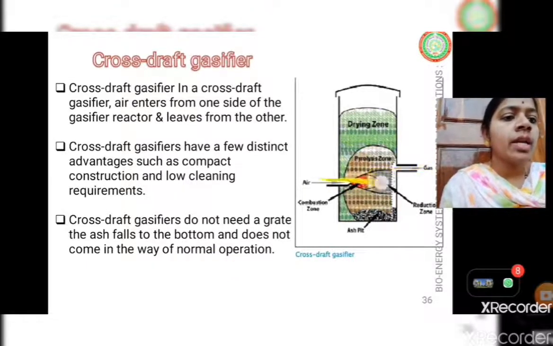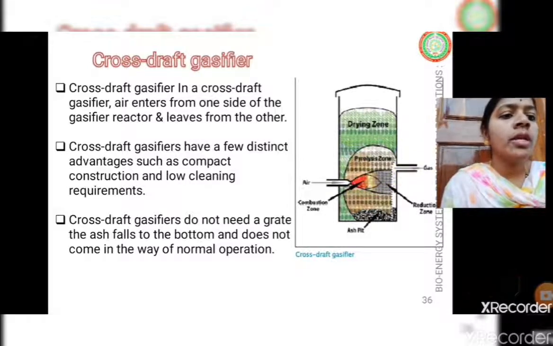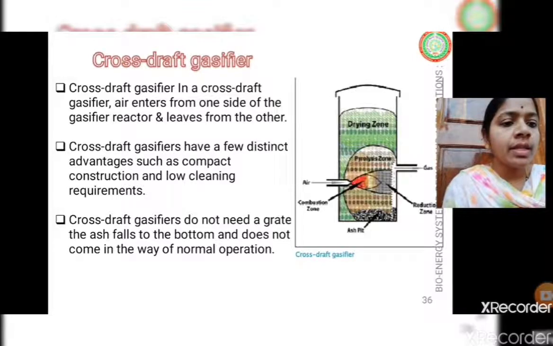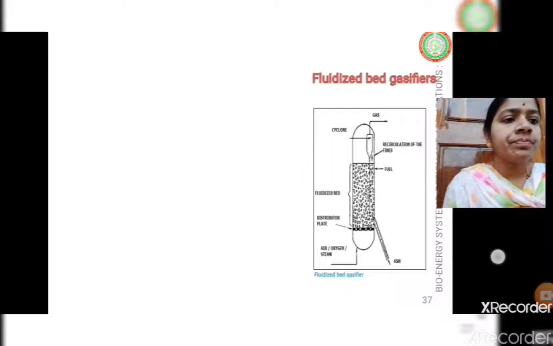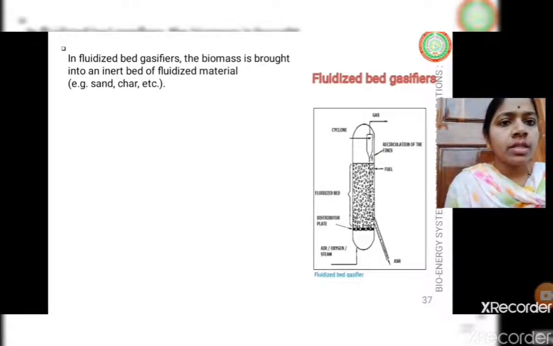Air enters in the center and leaves just above it. The ashes fall down, so the producer gas does not have contact with the ash to carry it along. So this is regarding the crossdraft gasifier.